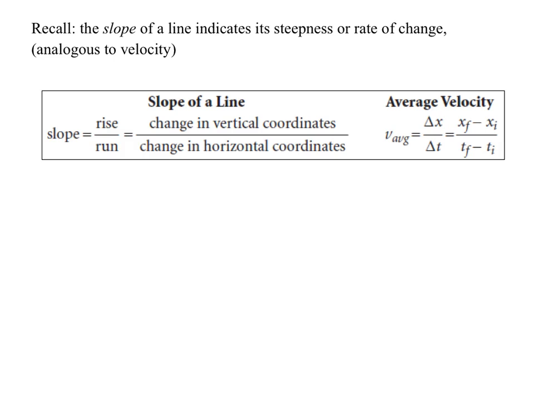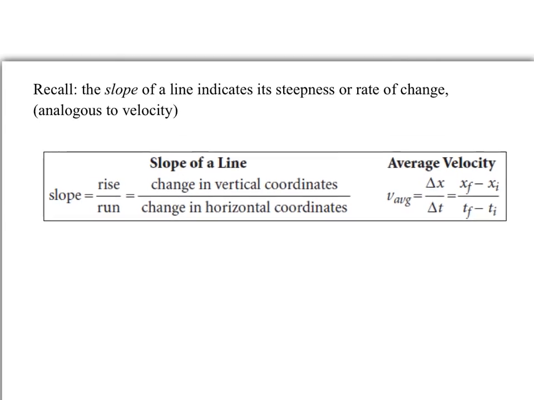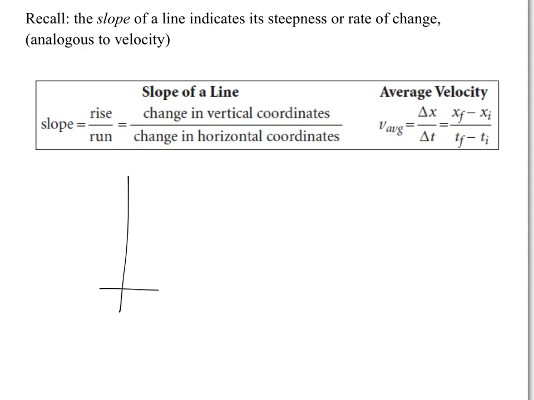Okay, so what we can say here is that if I have a position versus time graph, the slope of the line is the velocity of the object. Again, slow moving object, faster moving object, not moving, moving back. So this would be a positive velocity.